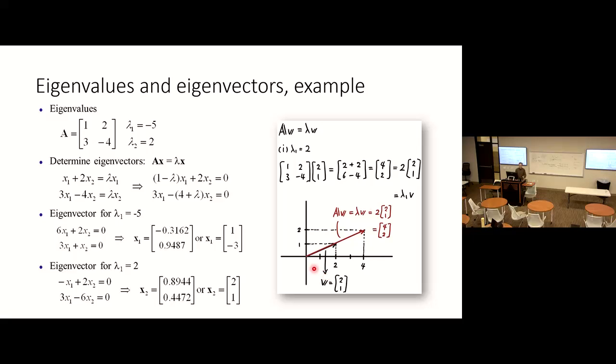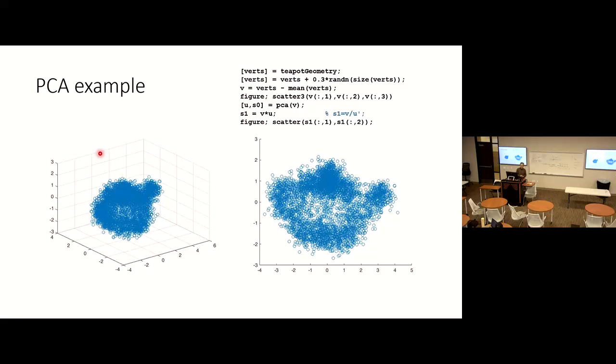Okay, so this is an example of eigenvalue and eigenvector. We have two eigenvectors, and each has an eigenvalue. Now a PCA example. It has some random-looking points, but they are generated from the locations of points on a teapot shape.